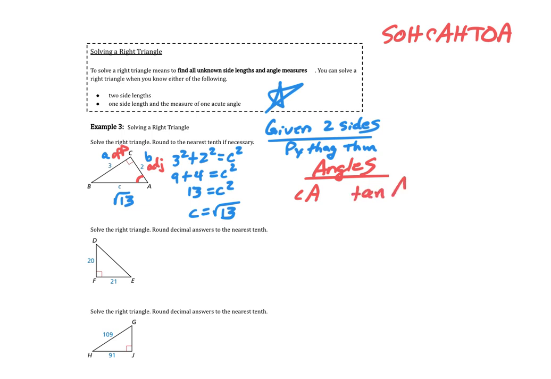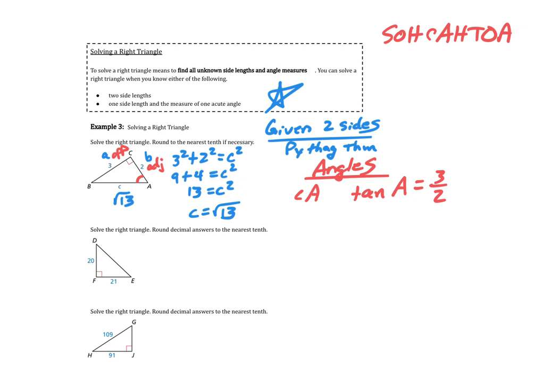So the way we're going to do this is we're going to say the tangent of A. We're always going to put the angle next to the trig function. The tangent of A equals opposite over adjacent. How you write this ratio is extremely important, okay? You can't just choose whatever order you want to put them in.